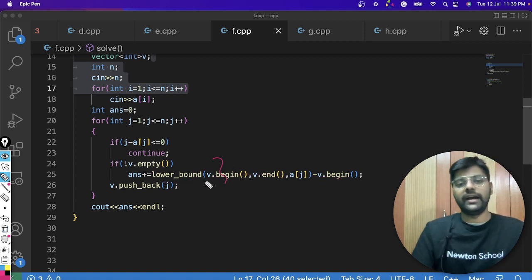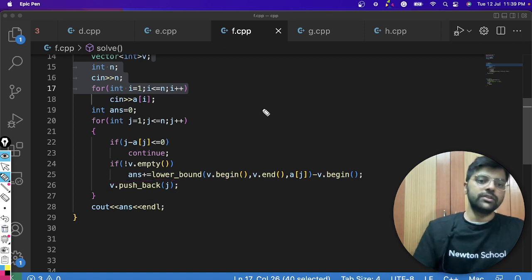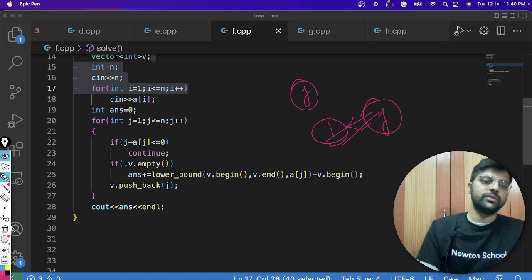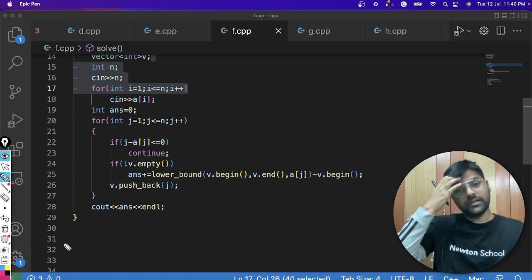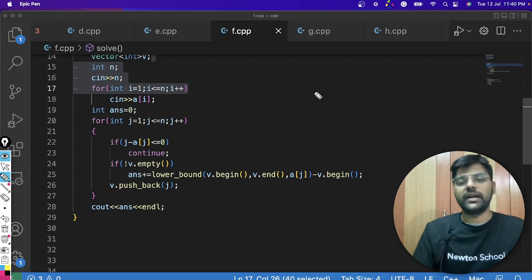We will add this to our answer, and then we push back j. Why do I push back at the last step? Because during j, I must have i less than j, so j itself won't be counted, equality does not hold. That's why I did it this way.